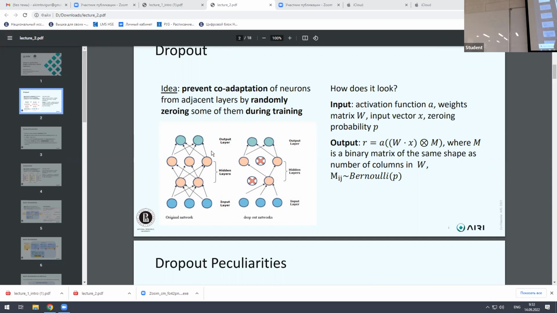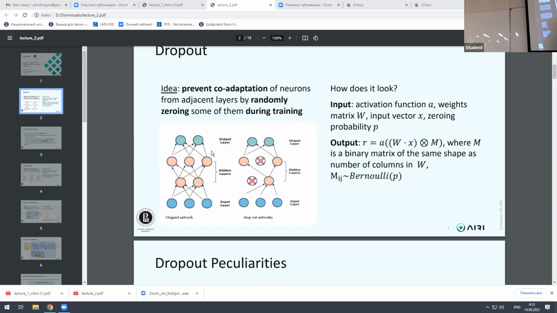The neurons from this layer think, okay, I will not try to approximate the target value, I will not correct my errors, since I know that the neurons from the next layer will do it for me. Neurons from this layer think, okay, I will not adjust the value too much because the neurons from this layer can do all the job for me. So they co-adapt, and their values are very much dependent on each other.